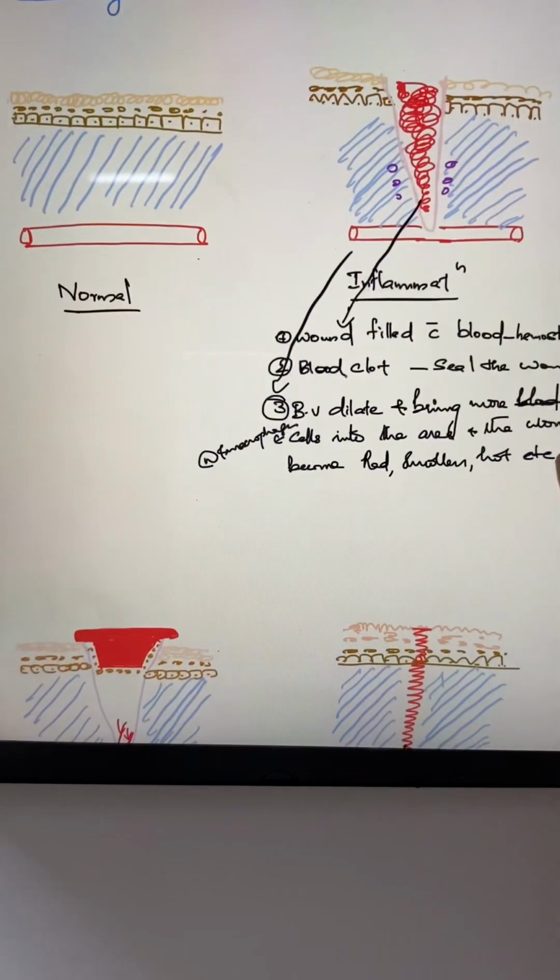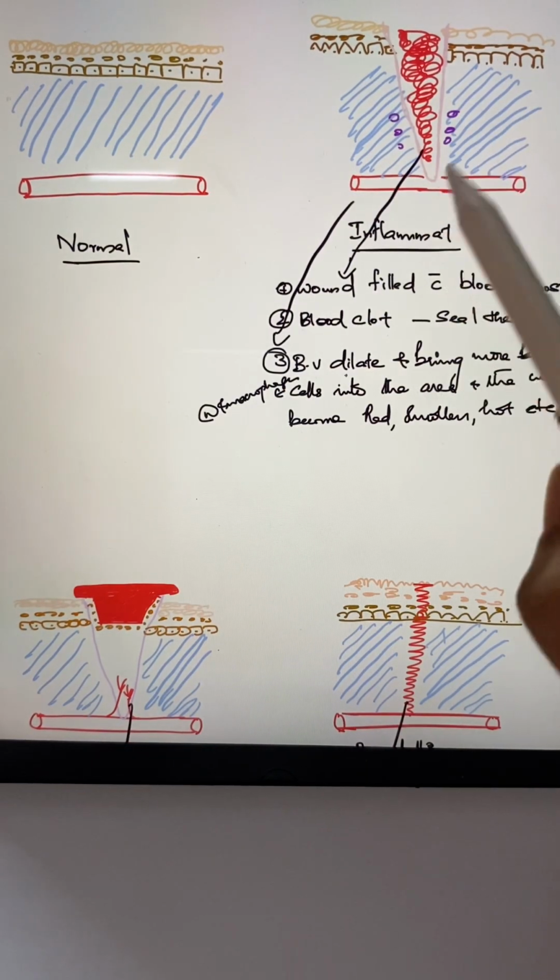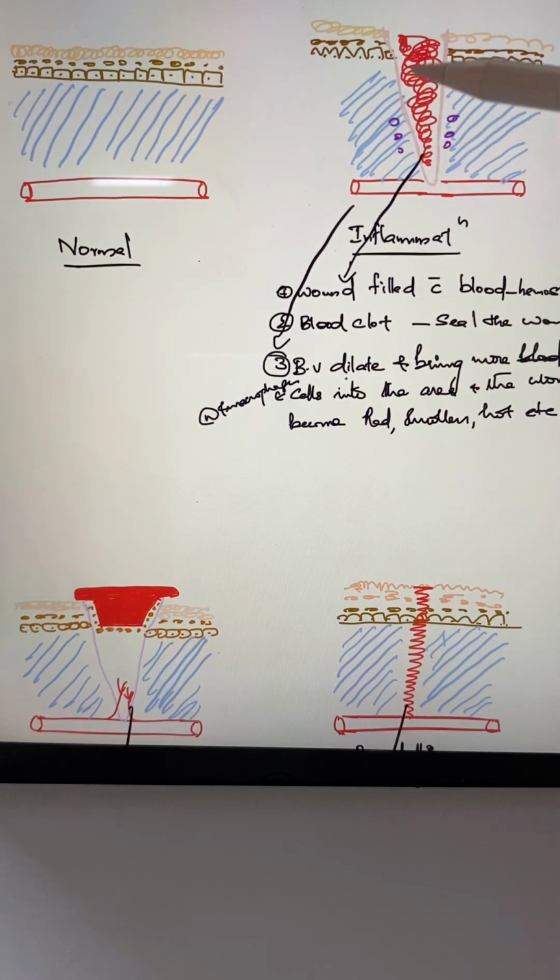This is just a summary. Because of the inflammation, first the wound is filled with blood, hemostasis occurred, a blood clot happened and sealed the wound. Then the blood vessels dilate and bring more cells like neutrophils and macrophages into the area, and the wound became red, swollen, hot, and all the cardinal signs can be seen.